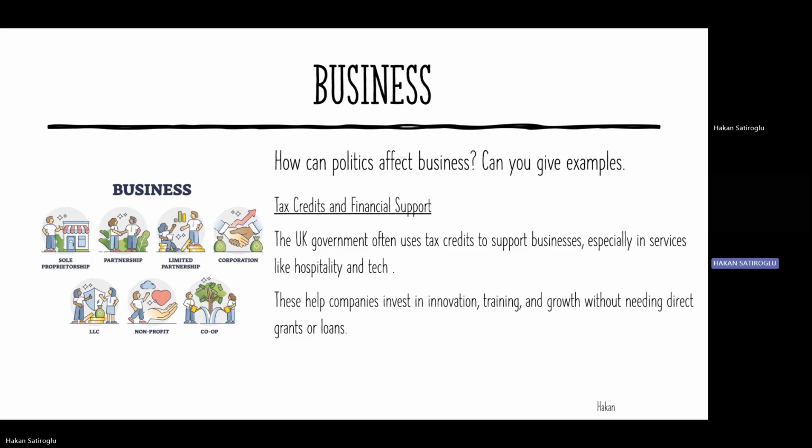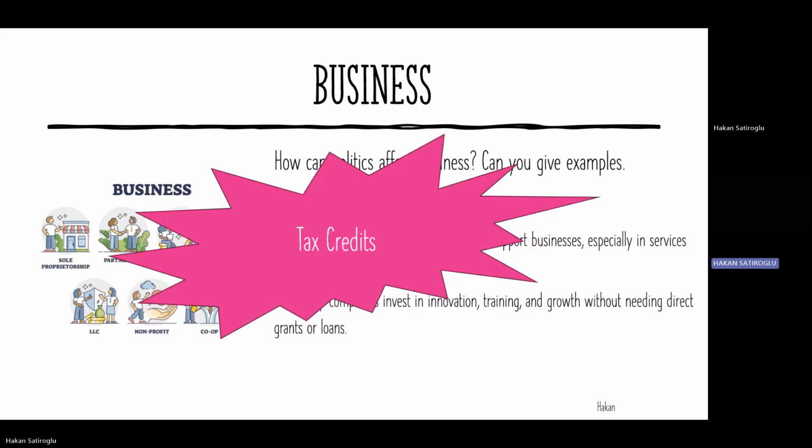Because if they go to a bank and ask for a loan to invest in innovation or training, it could have a really adverse effect because of the high interest rate they could face. So in that sense, financially, politicians can create tax credits for businesses. I think this is relevant for our topic.